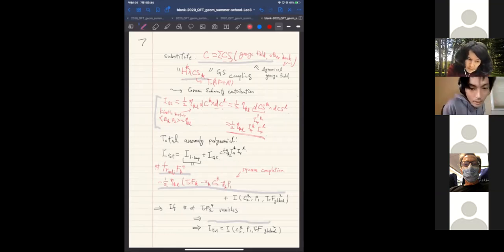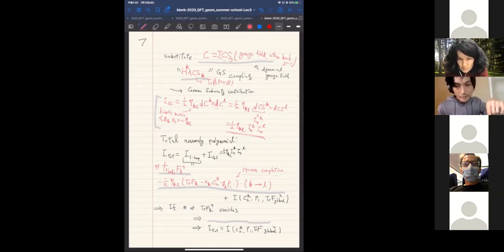Here P1 is the gravity background, the Pontryagin class, and I omit the global symmetry part. Here I did the square completion with respect to trace F squared for all the gauge groups.